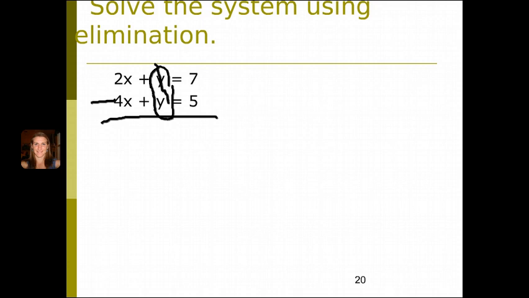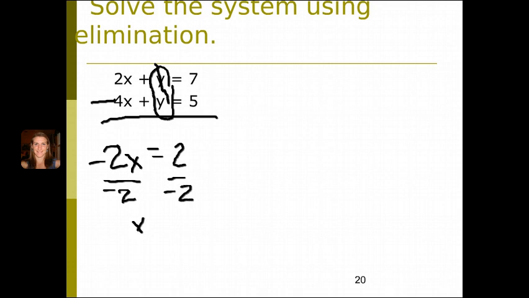So now I've got 2x minus 4x, which is negative 2x, that's a 2, equals 7 minus 5 is also 2, but now be careful. 2 divided by negative 2, a positive divided by a negative is a negative 1.